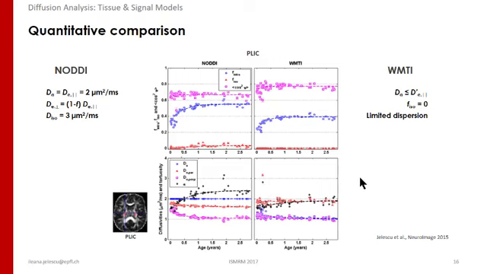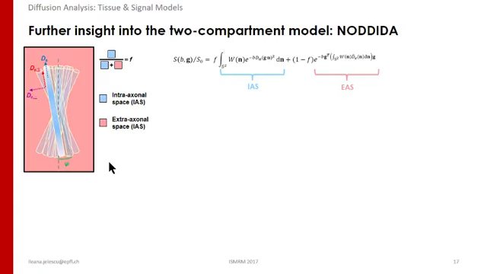So you just have to be a bit careful when taking the output of these models for granted, because there are assumptions going into there. And the next thing we wanted to do, therefore, is to see if we can alleviate all of these assumptions, because we're not sure how valid they are.